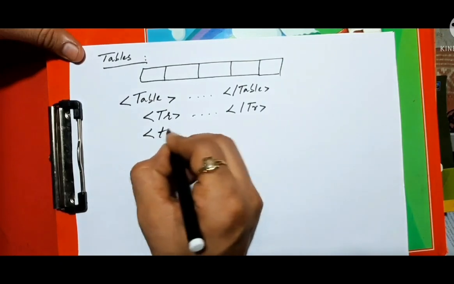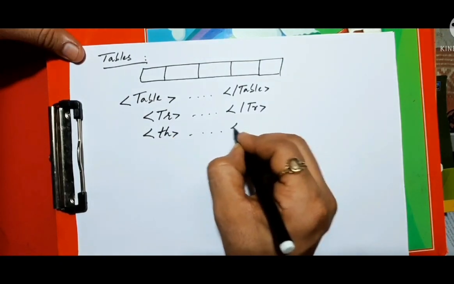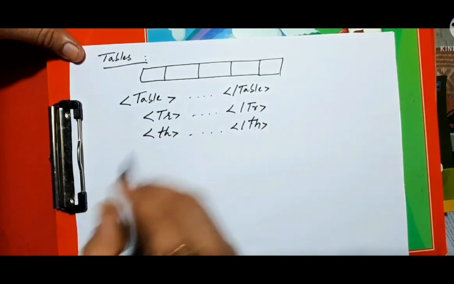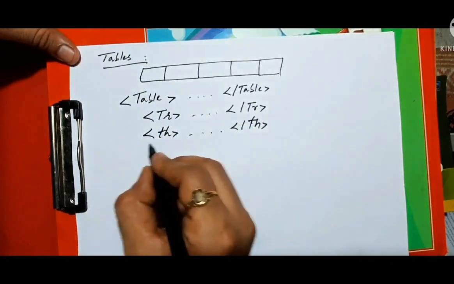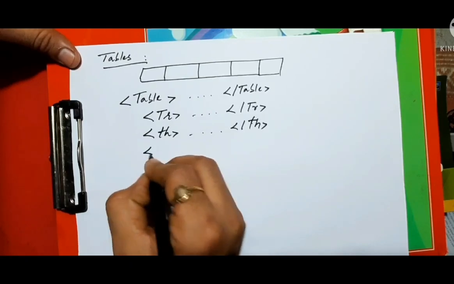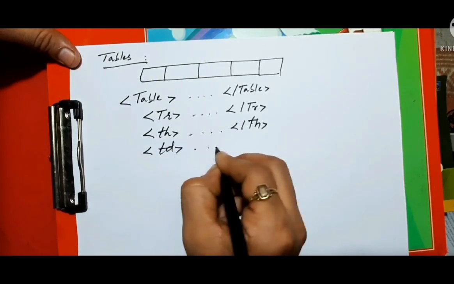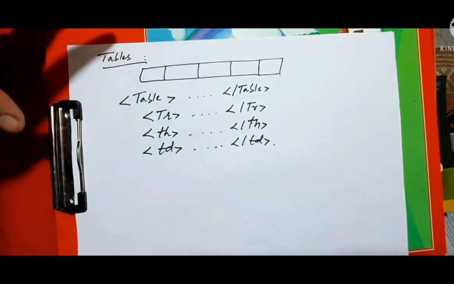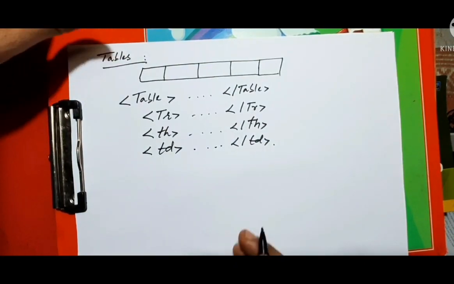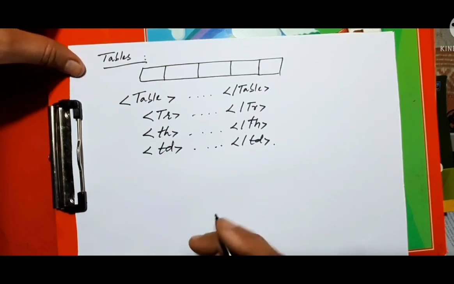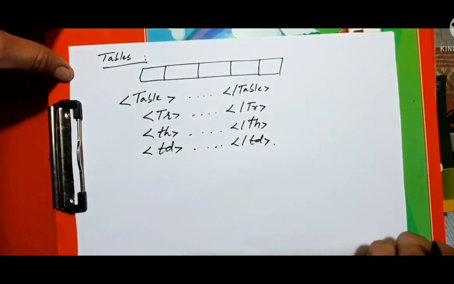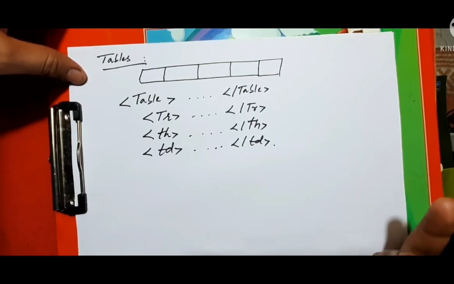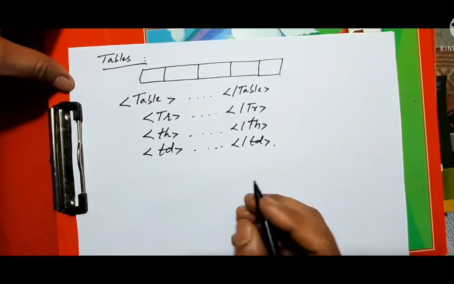We use the th tag. Tr means table row, th means table heading. We use the table data, td tag also. These are the tags which are associated with creating the tables, and various other attributes are also there which are used in tables.